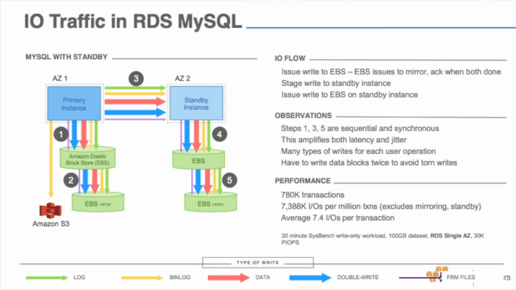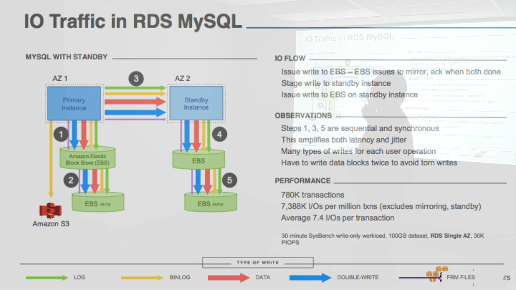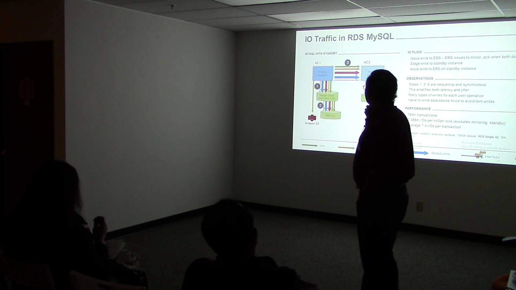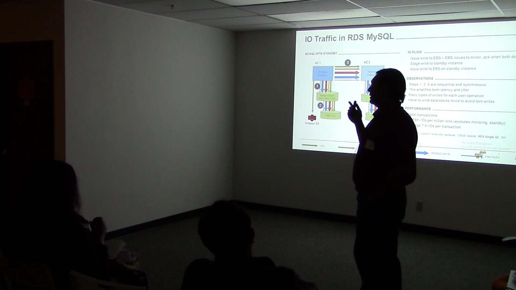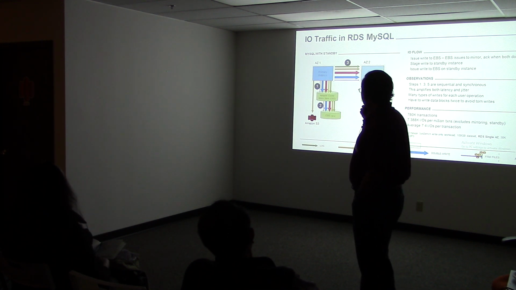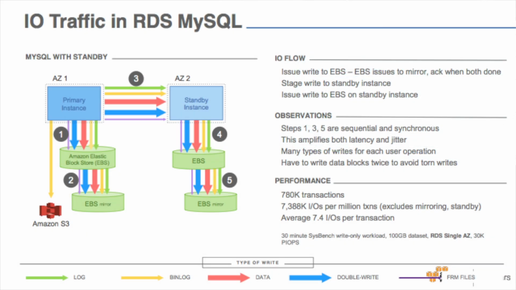So just to give you an idea, this is what the I/O traffic in RDS MySQL looks like, right? So you have the primary instance where you are doing the write. That write goes to the EBS block store, right? This is step number 1. From there, it gets asynchronously mirrored to an EBS mirror because you want to make sure your data is not lost.